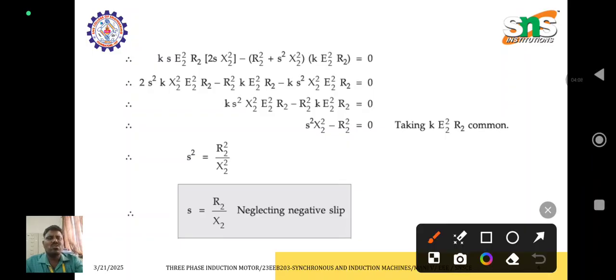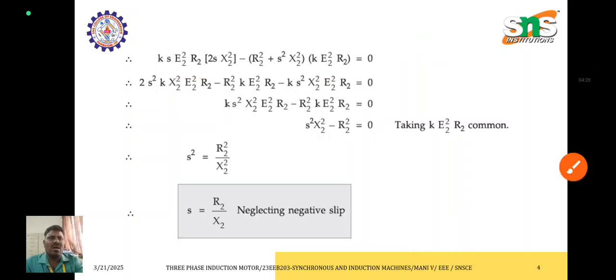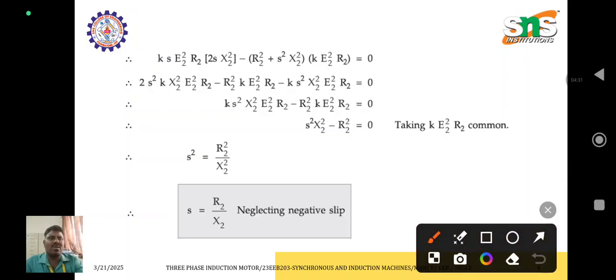By taking the U by V formula, and multiplying each other, we get the final equation. By cancelling those things and taking K into E2 square R2 square common, and moving it from the left-hand side to the right-hand side, we finally get S square X2 square minus R2 square equal to 0.